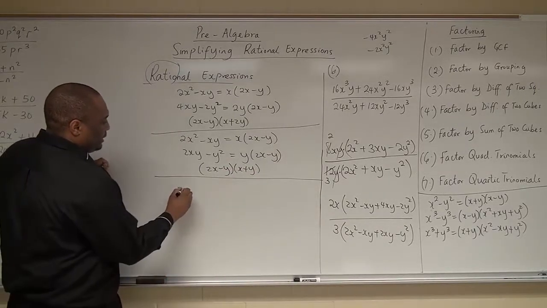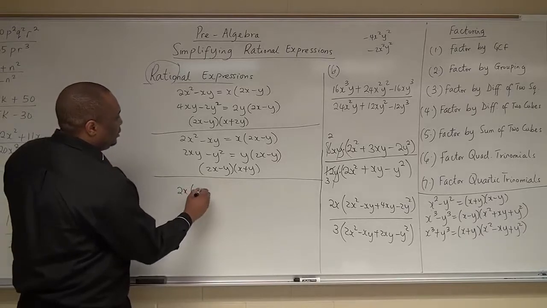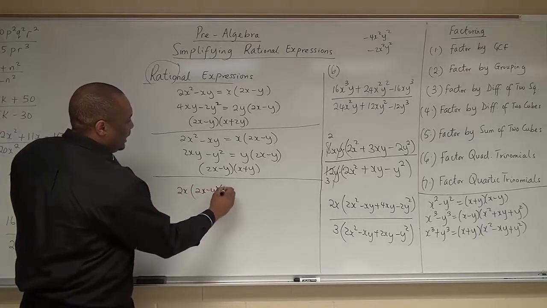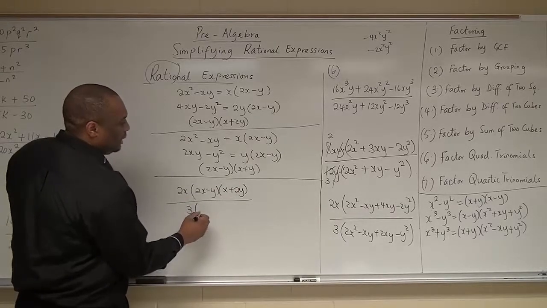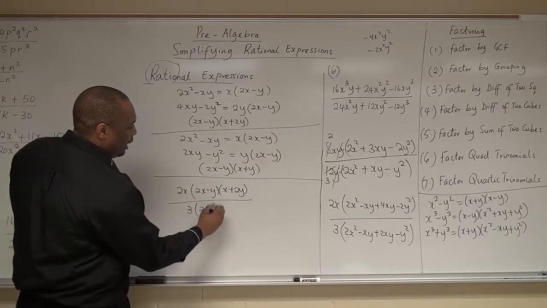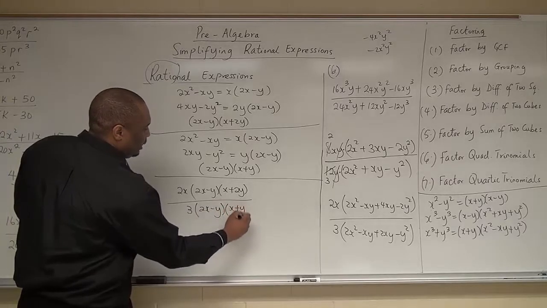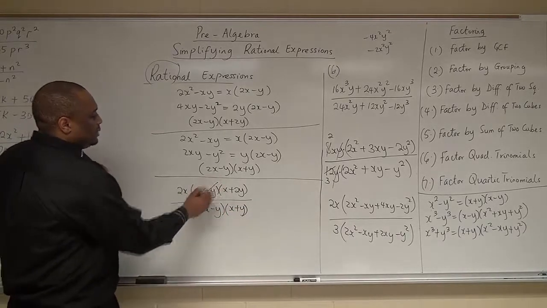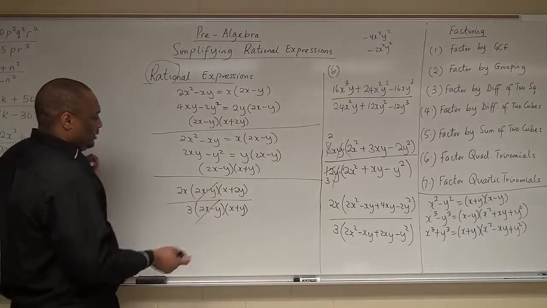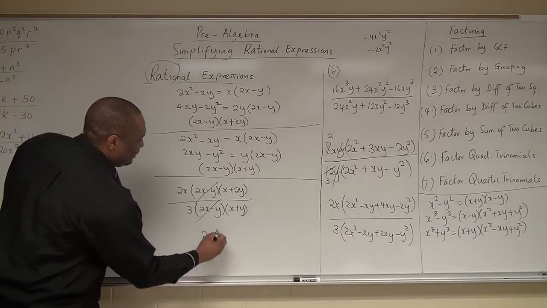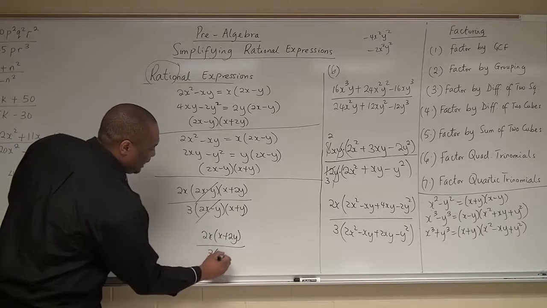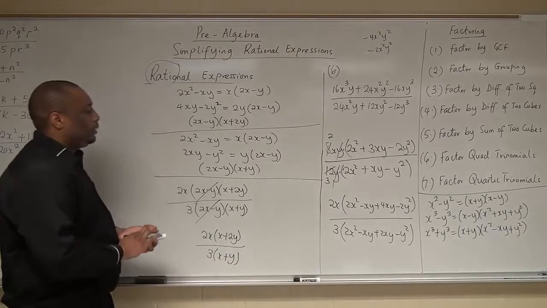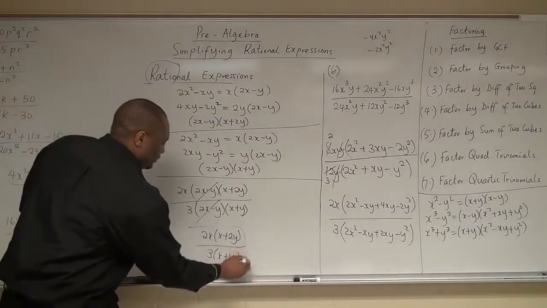This will give us 2x times 2x minus y times x plus 2y all over 3 times 2x minus y times x plus y. So, of course, this will cross out. And what is your final answer? 2x times x plus 2y all over 3 times x plus y. And this becomes your answer.